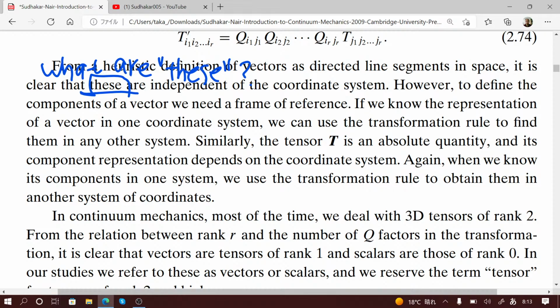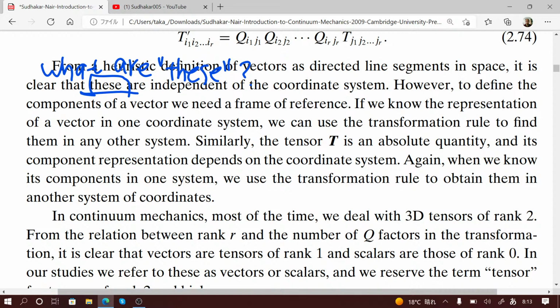However, to define the components of a vector, we need a frame of reference. If we know the representation of a vector in one coordinate system, we can use the transformation rule to find them in any other system.